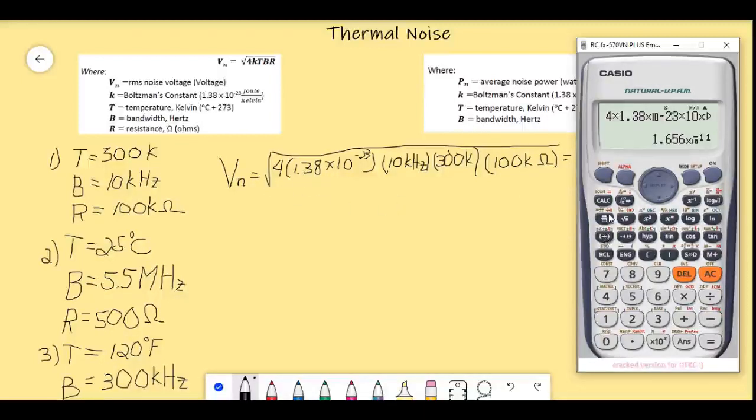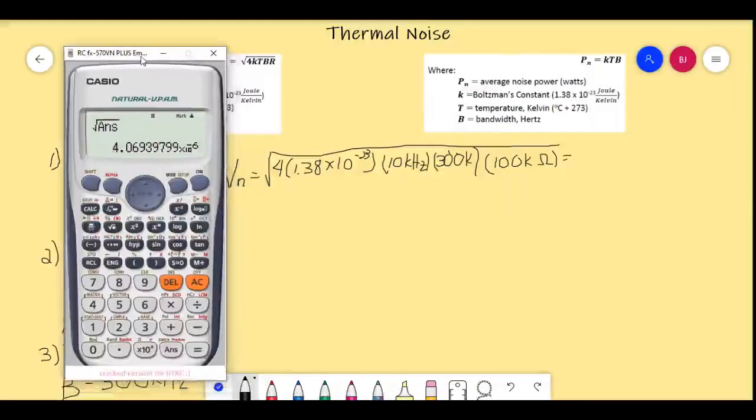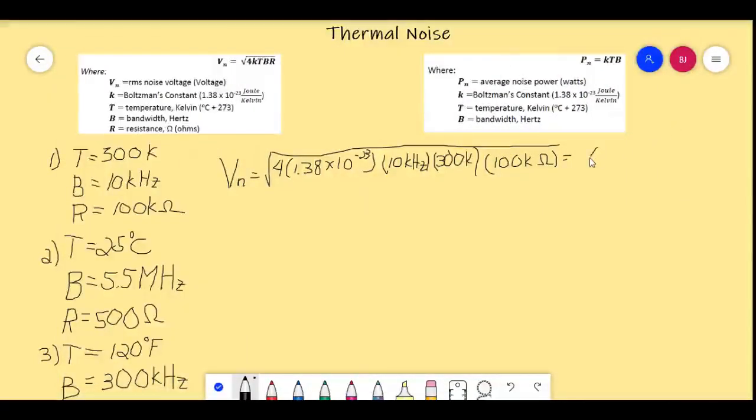So now the square root of the answer, we have 4.06 something. Just click ENG once, although we don't have to, but because this is already -6. And we round off to 2 decimal places, 4.07. So our answer is 4.07.